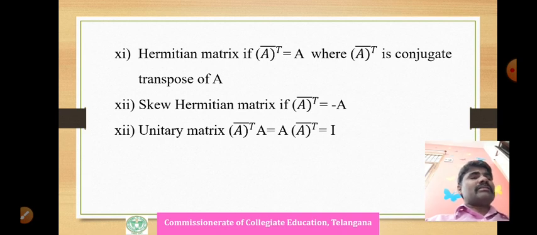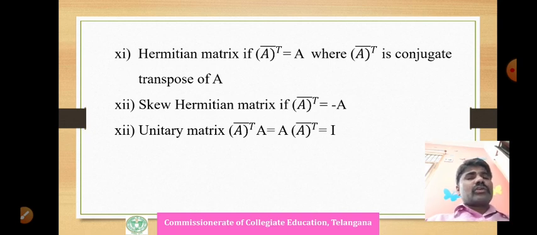Like that we take the conjugate of all elements in A, and after that take the transpose. That is known as the conjugate transpose of the matrix. If the conjugate transpose of the matrix A equals A, then we can say that A is a Hermitian matrix.